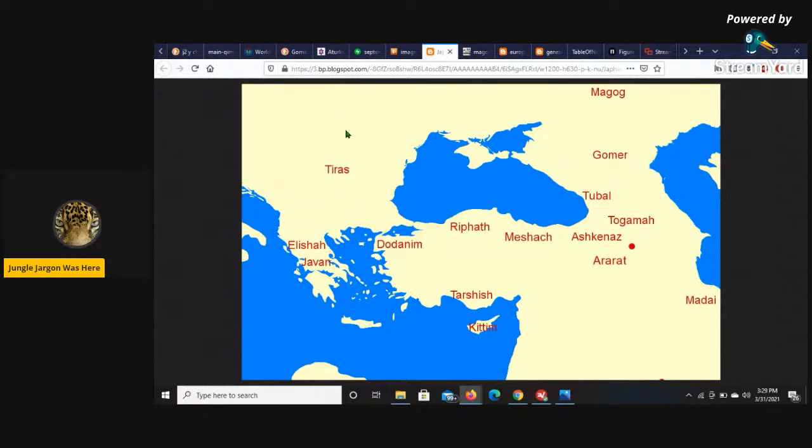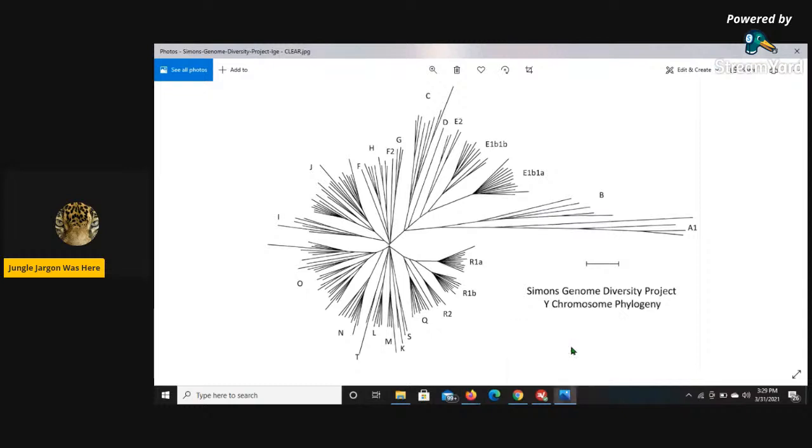They're the ones that were there in Europe. They're the ones that probably went extinct, and since they went to Europe and not Asia, they're probably extinct. So the Madai, we could say, is possibly, let's say the Madai is the K and the S. That means there's the T and the L and the M.